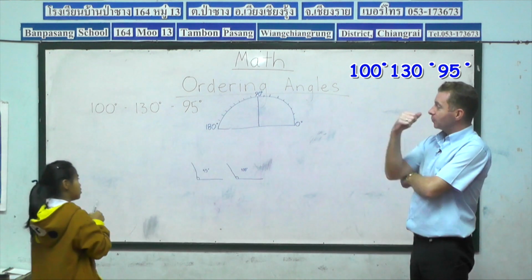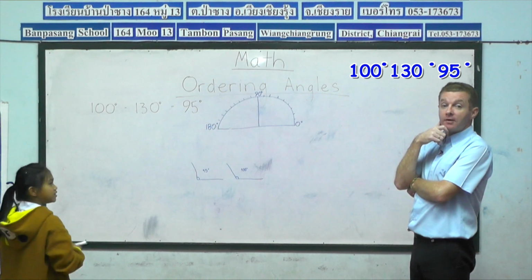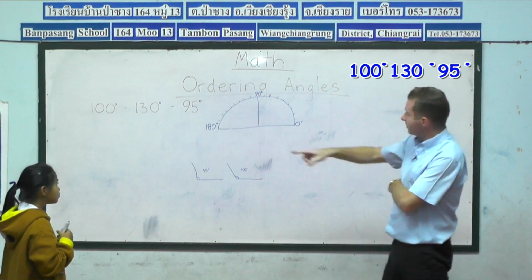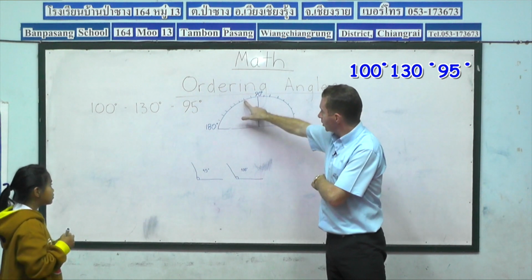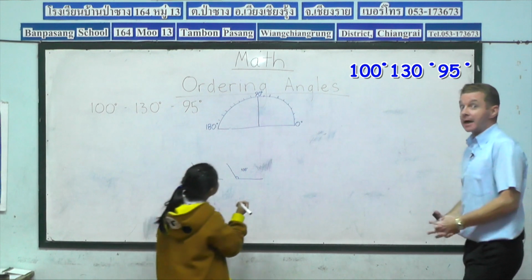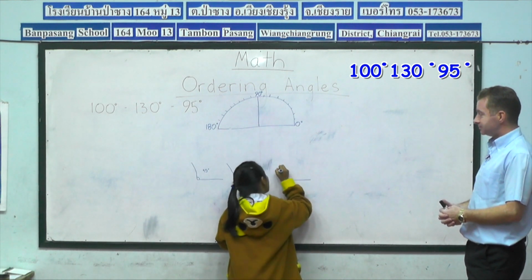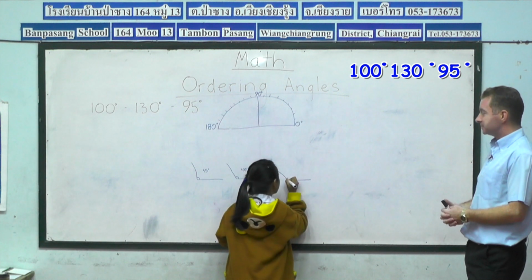And finally, we're left with our biggest angle, which is 130 degrees. So this obtuse angle will be bigger. Looking good to me.